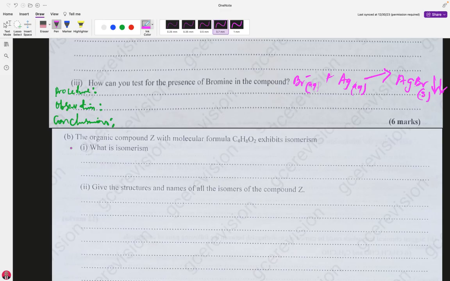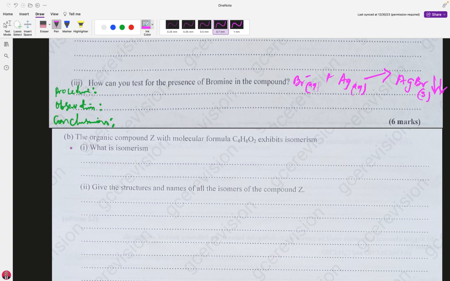In chemistry, we are talking of compounds with the same molecular formula but different structural arrangement. These are isomers.